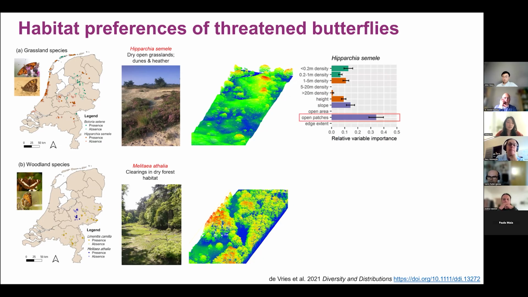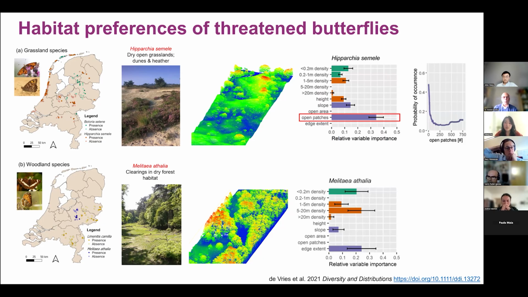What we discovered is that the openness patches play quite an important role in the occurrence of this grassland species. In contrast, we can see that the middle to high layer of vegetation density and the edge extent of the forest, as you can see here, play a more important role for the occurrence of the woodland butterfly species.